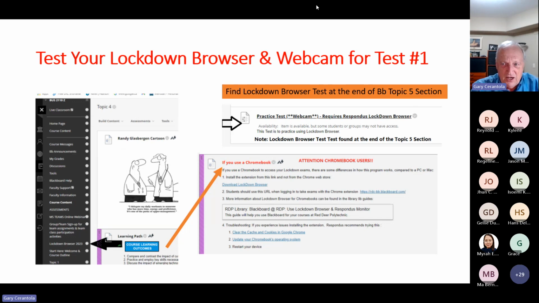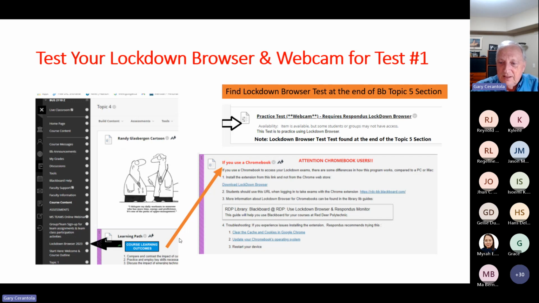If it's your first time using a lockdown browser, go to your Blackboard, and you can see in the navigational panel I have Lockdown Browser 2023. It gives you all the information about what you should have done to be ready for a particular test. And this is also where you find this particular note.